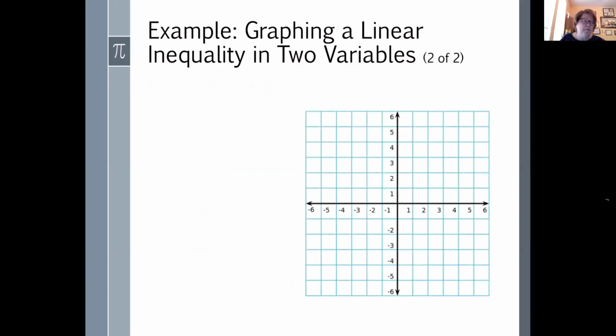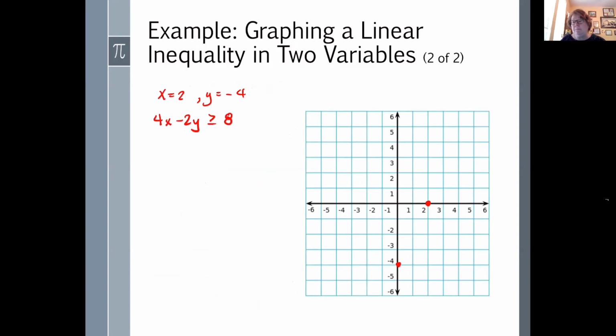So I can graph this either way. All right, so let's graph this on the coordinate plane. I have an x-intercept of 2 and a y-intercept of -4. So I'm going to plot those 2 points. And since my original inequality was a greater than or equal to, I'm going to draw this as a solid line.